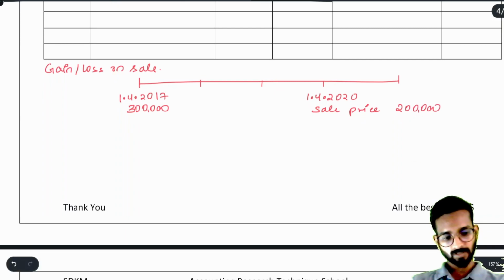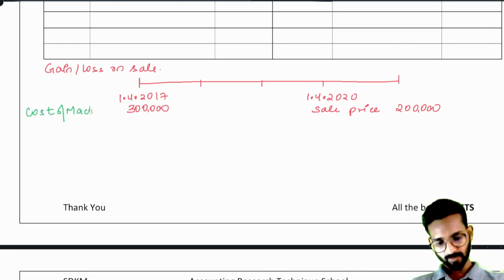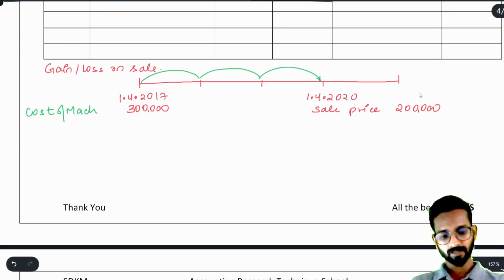Now I want to know, this was my cost of machinery. Cost of machine was 3 lakh, but I want to know the cost after 3 years, what is the cost on this particular date, 1/4/2020. What is the cost? How will I get to know?